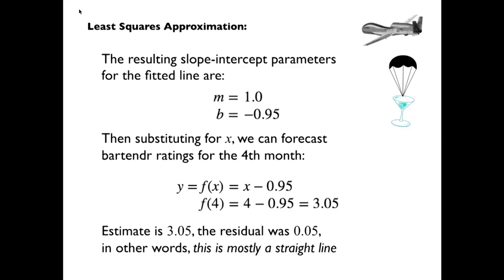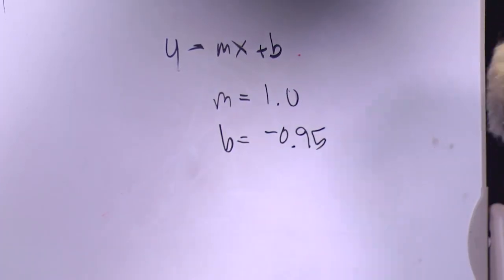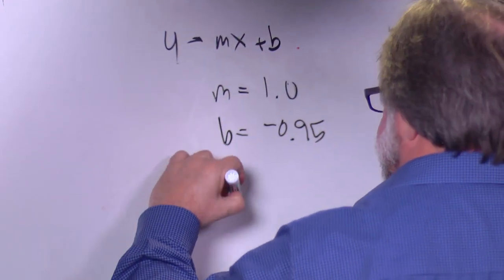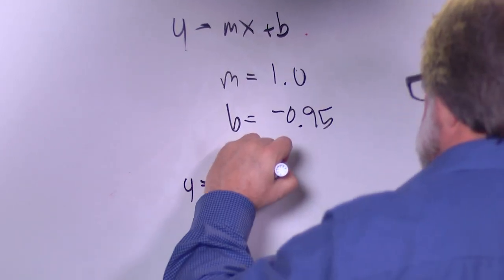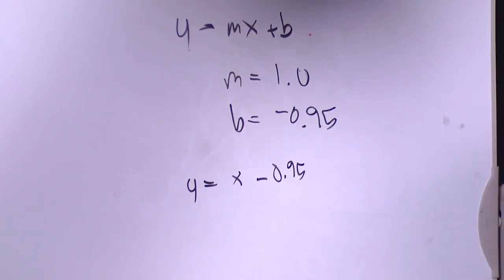So if I want to state this again, I've got y equals mx plus b. I've got m equals 1.0. I've got b equals negative 0.95. Okay, so I could say that y equals, well, 1 times x, so x minus 0.95. Now, if I want to forecast for the next month, let's say that x equals 4.